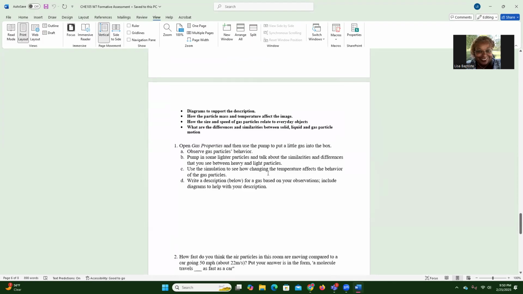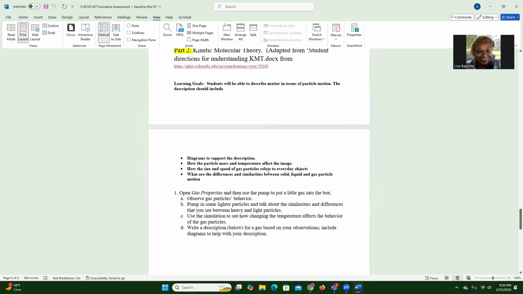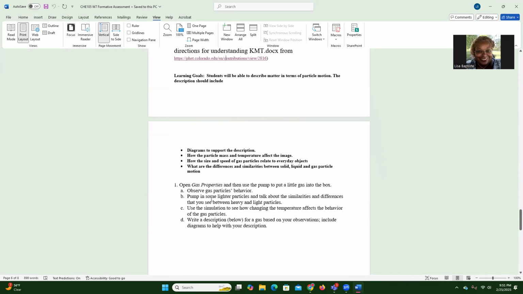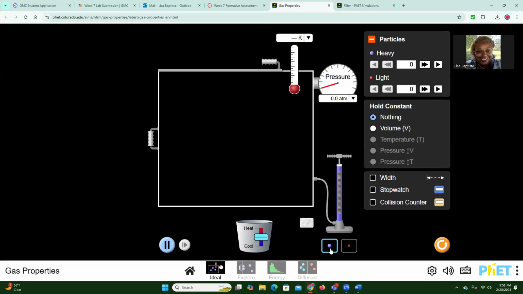So just to let you know, you're going to use the same simulator and you are going to do these parts. So you're going to pump some lighter particles and talk about the similarities and the differences between the heavy and light. Okay, remember I showed you that. So you have your heavier particles, your light particles, and this controls how many you pump in.